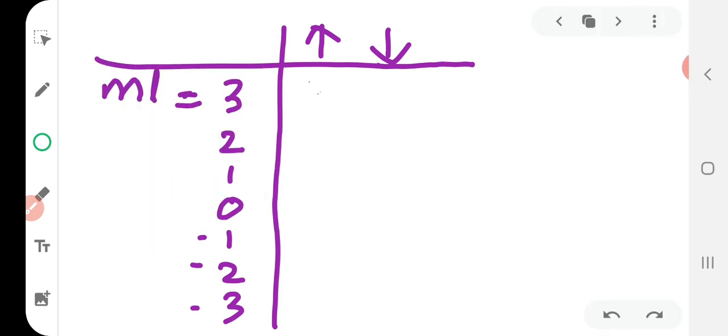There are 9 electrons and 7 subshells. In these 7 subshells, 1 electron will be accommodated in each, with up spin. That is, 1 electron in Ml equal to 3, another in 2, 1, 0, minus 1, minus 2, and minus 3.